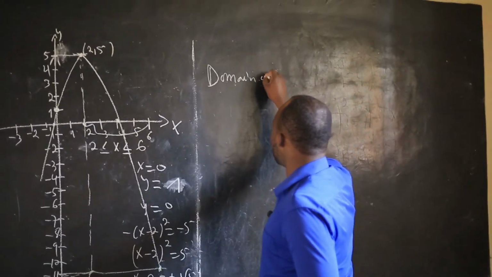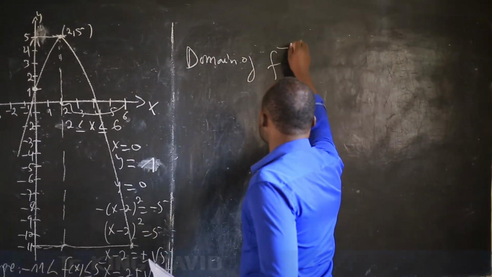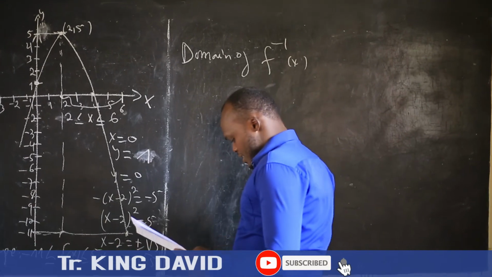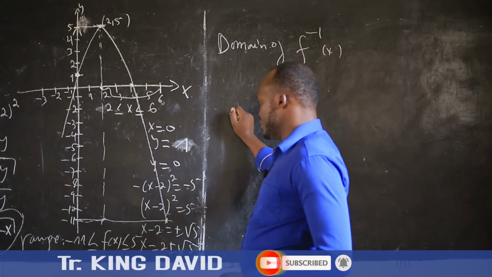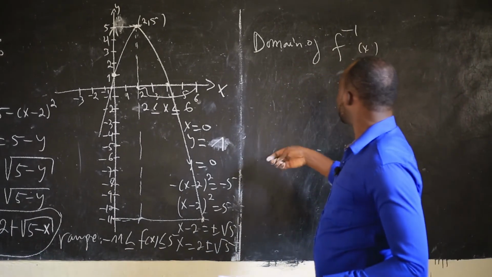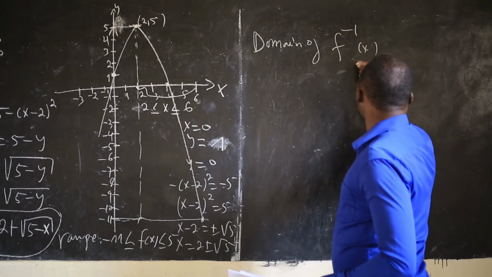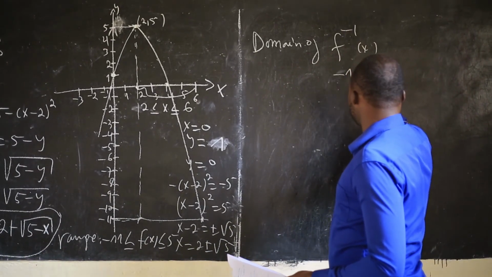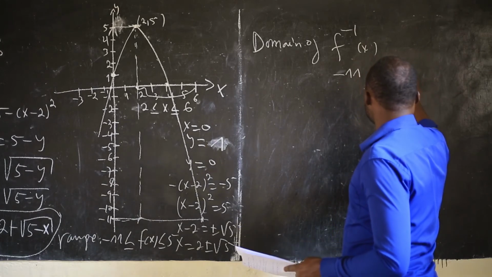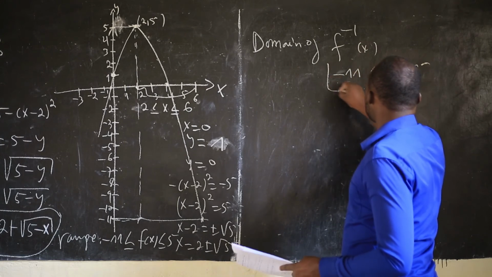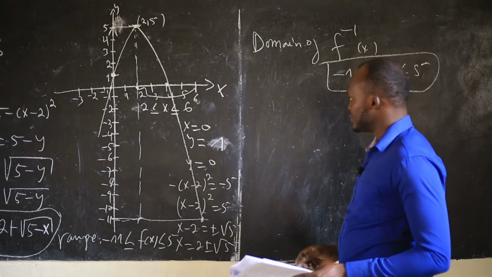After that, we're going to see the domain of the inverse of x. The domain of the inverse of x is the range of the function. So the domain is negative 11 less or equal to x less or equal to 5. That's the domain of the inverse.